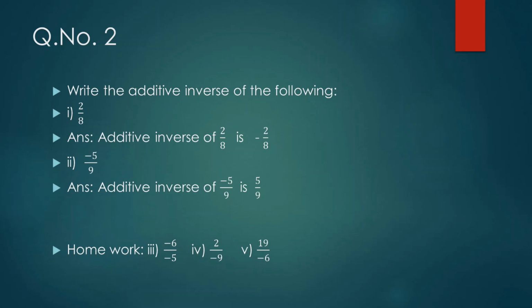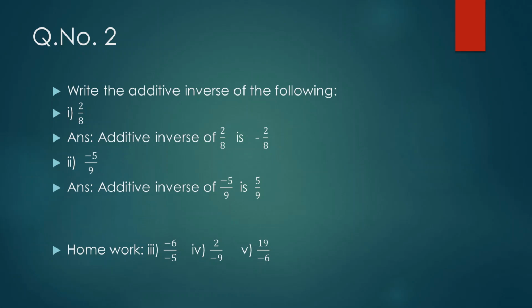See, first question, 2/8. Here 2 and 8, both numerator and denominator, are positive, so it's a positive rational number. Then what should be the inverse? The inverse is negative, isn't it? So the additive inverse of 2/8 is -2/8.